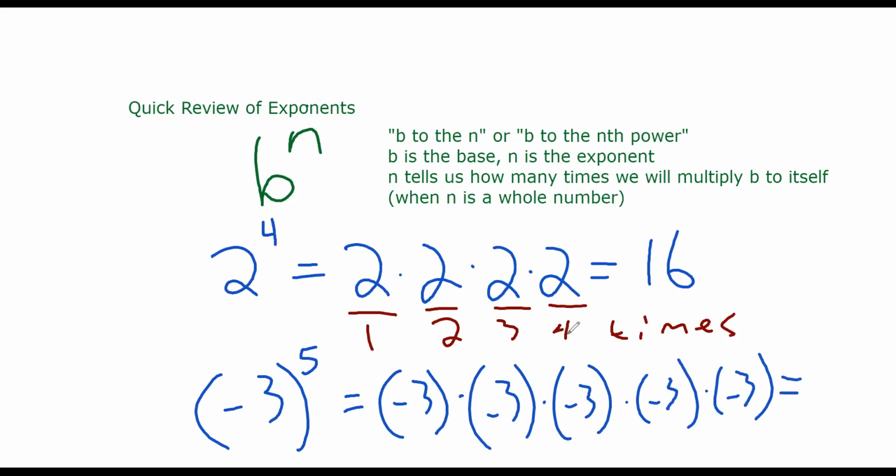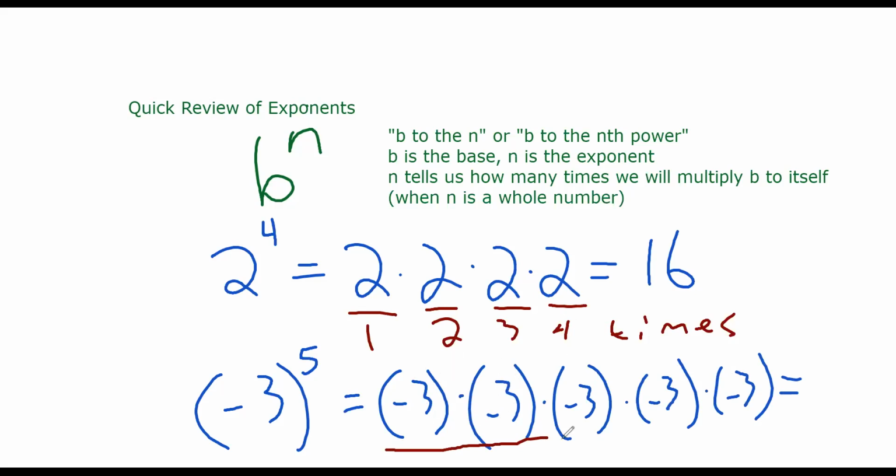Negative 3 times negative 3 times negative 3 times negative 3 times negative 3. Now notice, if I paired these negatives up, that'll become a positive number.